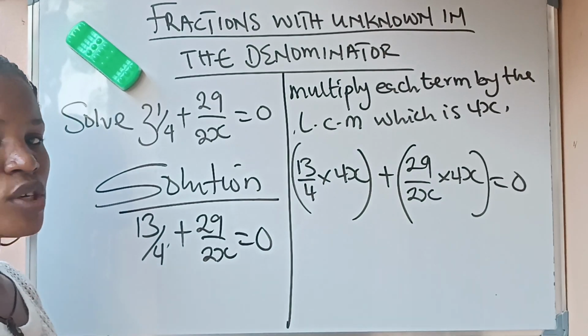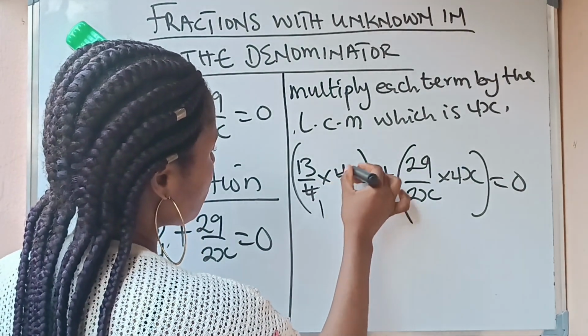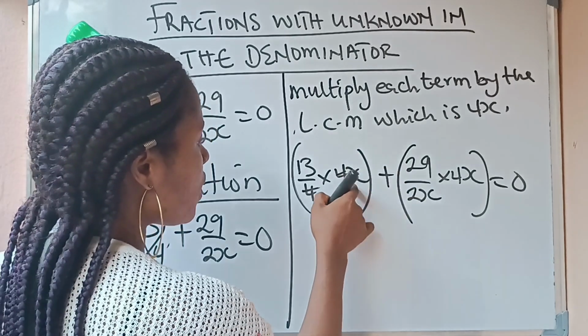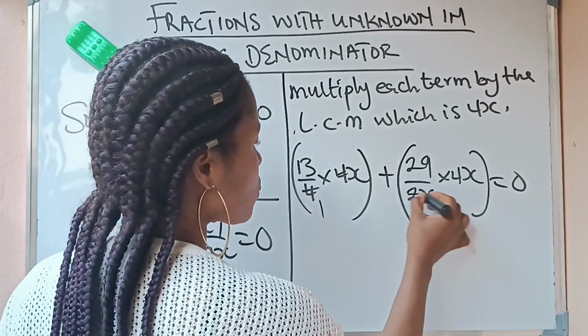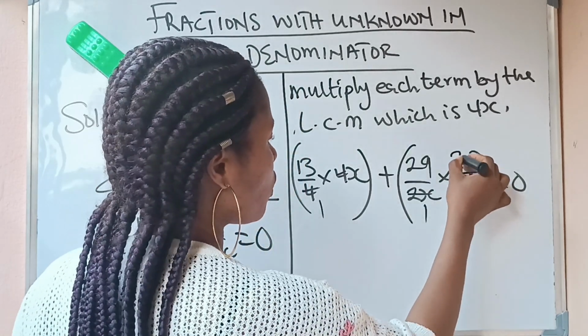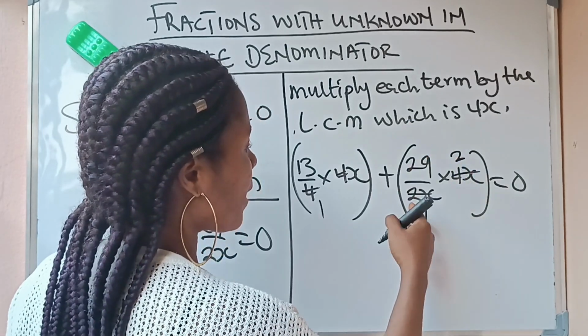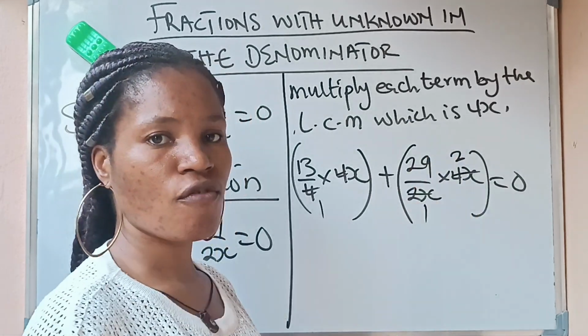Now we go ahead and solve this. 4 will divide itself, 1. Divide here, you are going to have only x remaining. The same thing here, 2x divides itself, 1. If 2x should divide 4x, you are going to have only 2, because when you multiply 2 by 2x, you are going to get 4x.